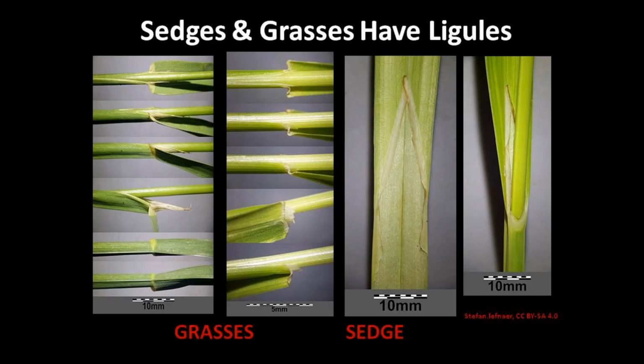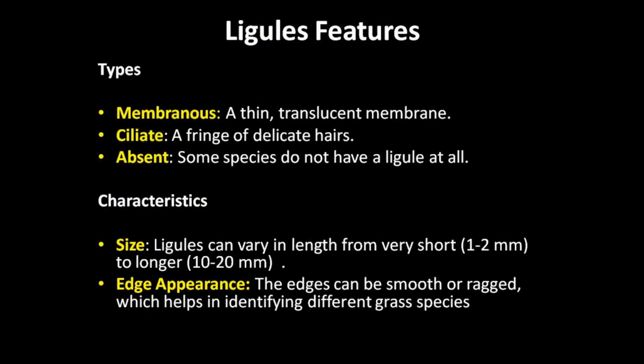What we are looking at here are the ligules on 2 species of grass on the left and 1 species of sedge on the right, and as stated, they are notably absent in the rushes. Key features in ligules include the type, whether it's membranous, ciliate or absent, and the characteristic, i.e. its size, whether it's long or short, and its edge appearance.